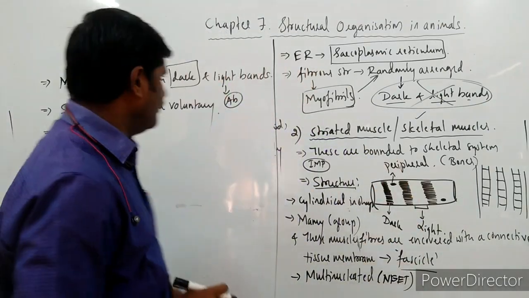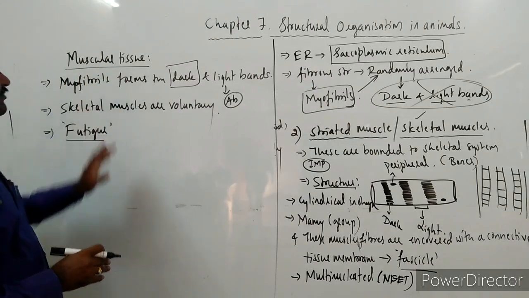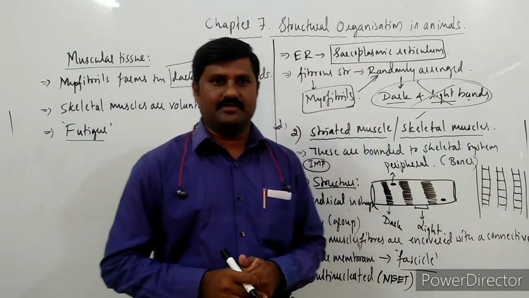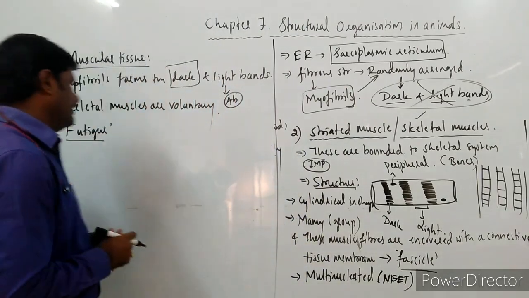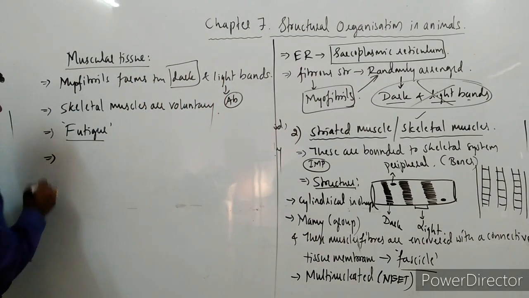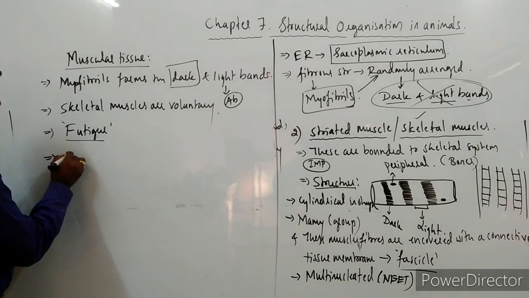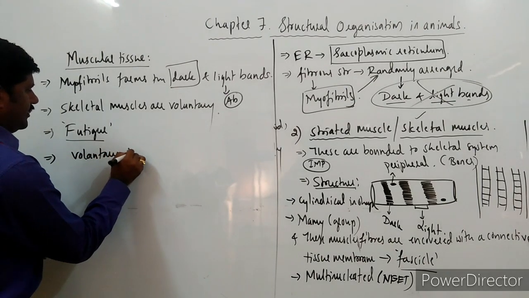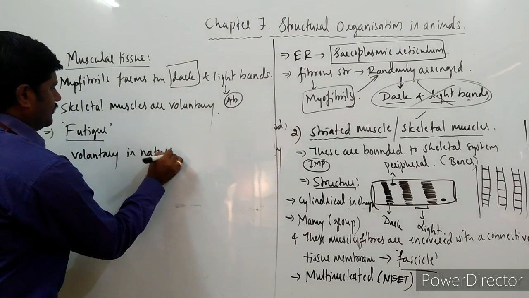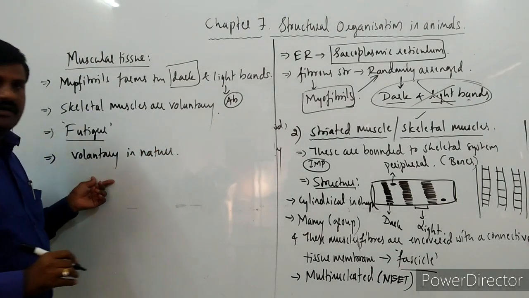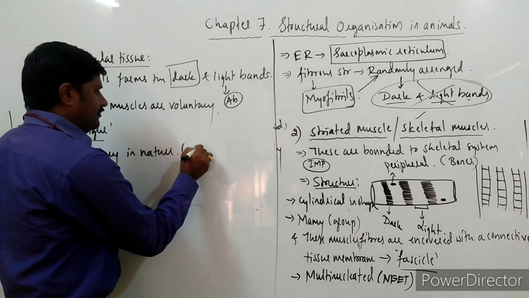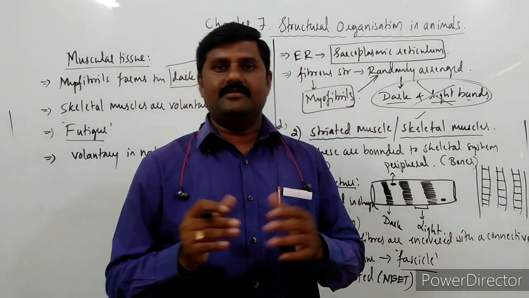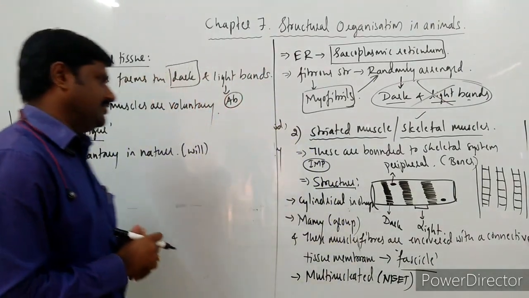So that is the nature of these muscle fibers, that is, striated muscles or skeletal muscles. Right? Point to be noted. And these are voluntary in nature, meaning they work under the will of the organism.